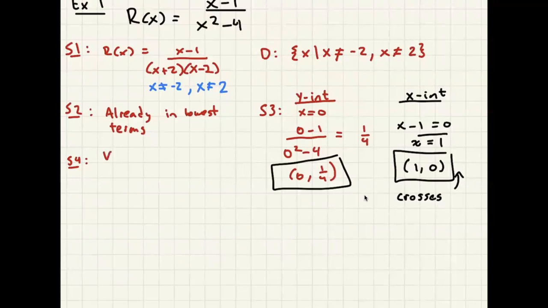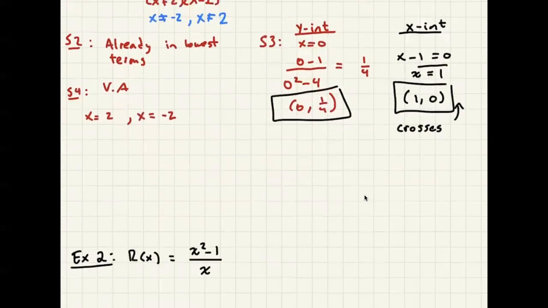So our vertical asymptotes are going to be x equals 2 and x equals negative 2. And because they both have multiplicity of 1, we know that at our asymptotes, we're going to go like this or like this. We'll find out which way in a bit. So wherever our vertical asymptotes are, we're going to go like this and like this, or something like that, and we'll see which one in a bit.